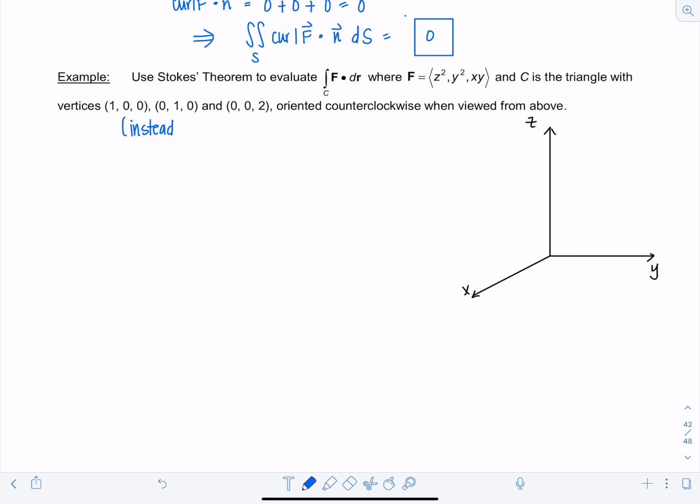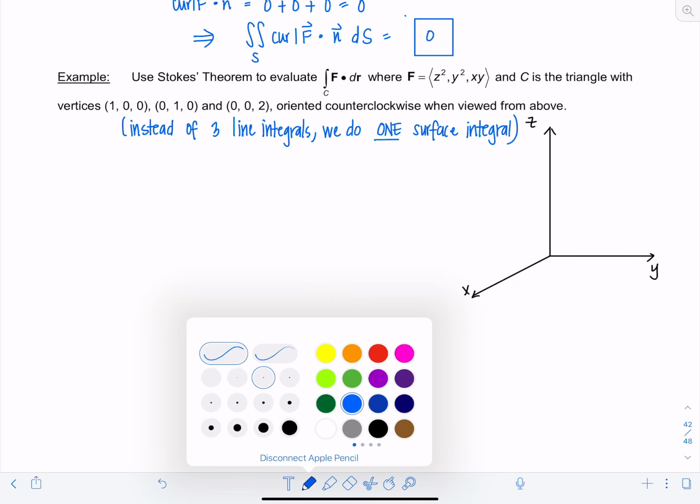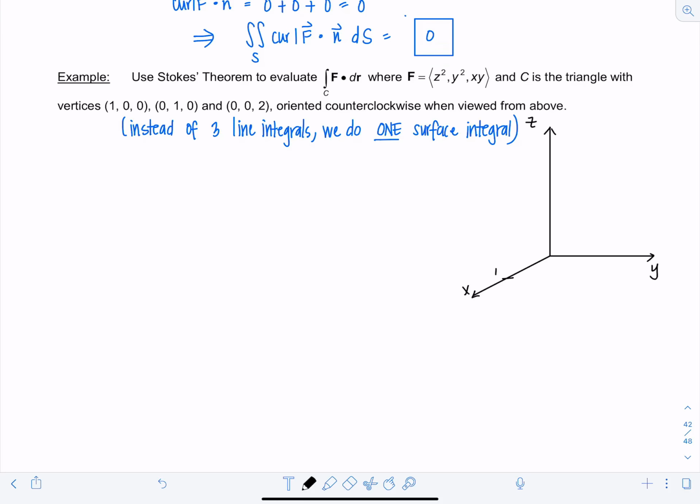So this is a triangular surface. I'm going to sketch it in just a second, but the idea is instead of 3 line integrals, we do 1 surface integral. Okay, good. So let's draw the surface out. 1, 0, 0, 0, 1, 0, 0, 0, 2.